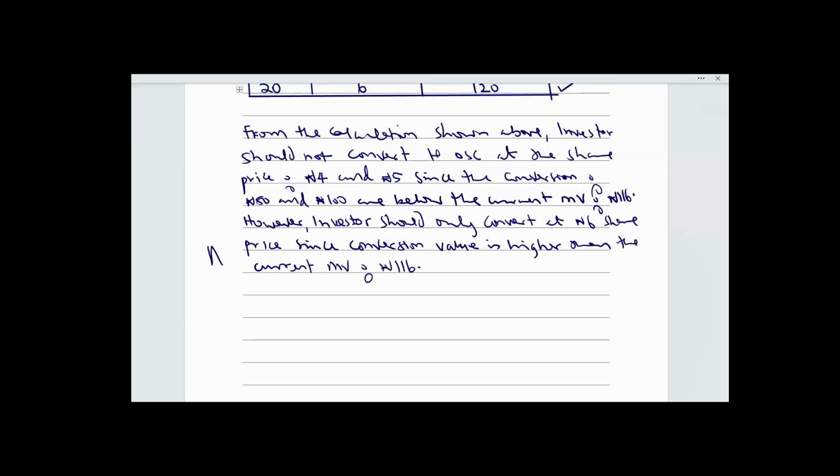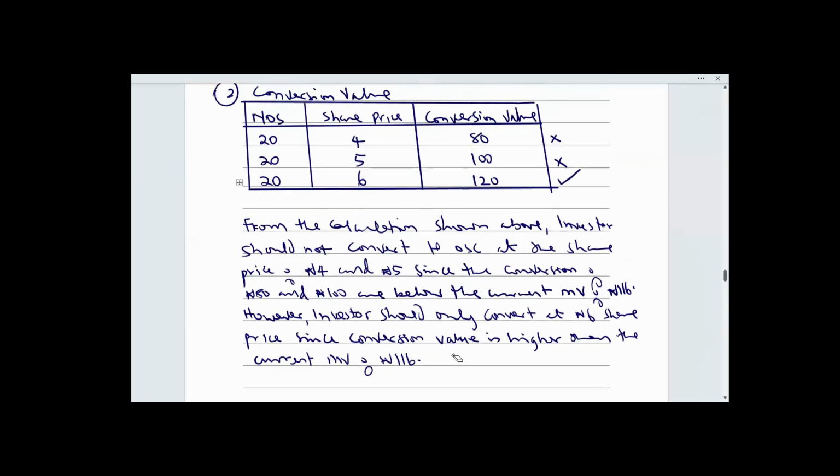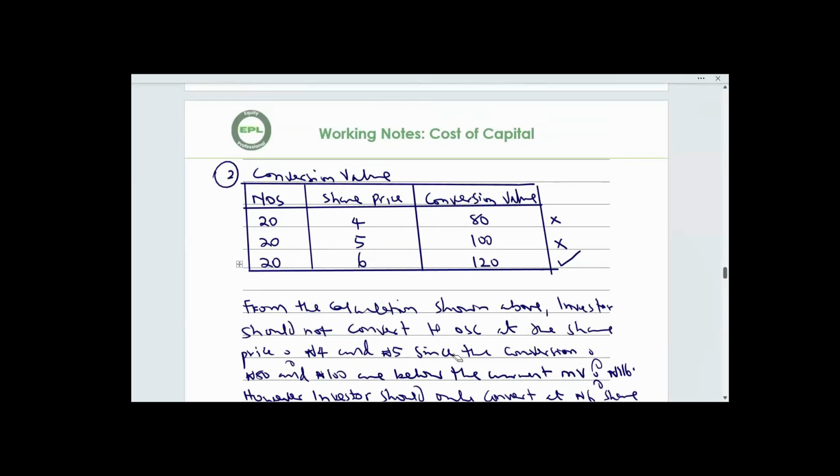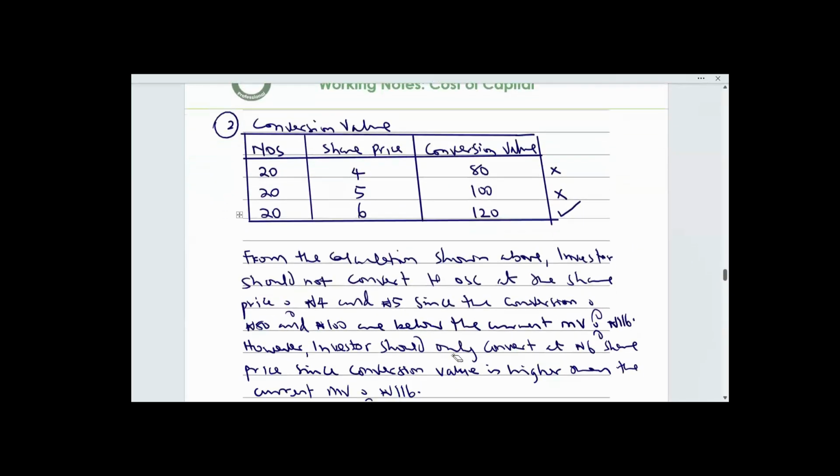What we are saying is that it is profitable to convert at 6 naira share price. Okay, so that's the end of the question.